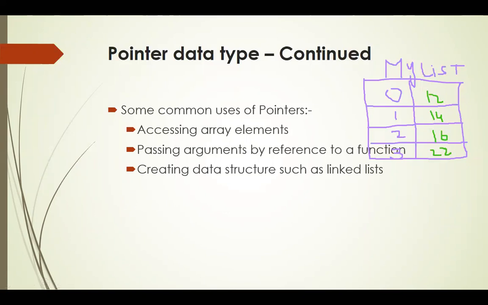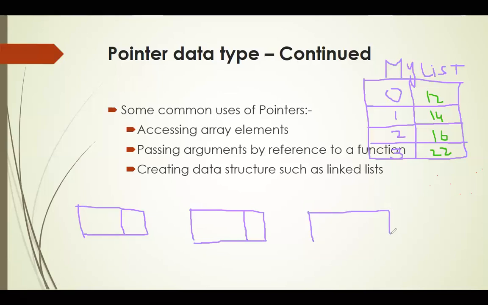For example, a rough depiction of linked list would be something like this. These big boxes are called the nodes of the linked list. And let's call this node 0, this is node 1, and this is node 2.